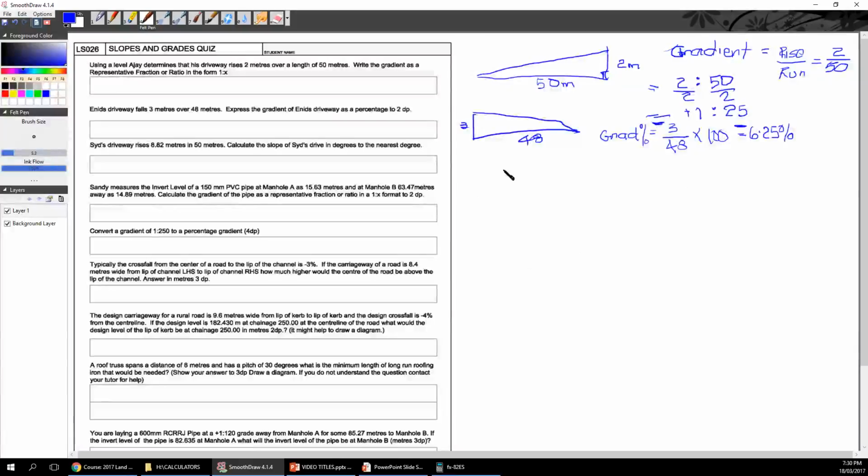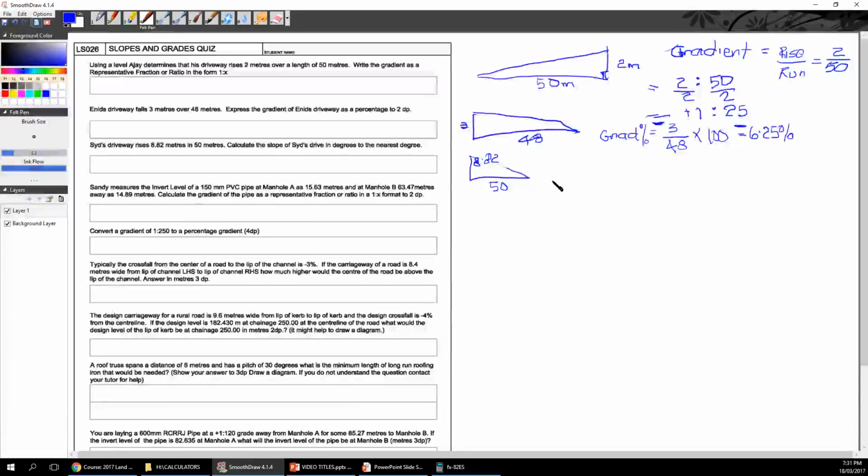Sid's driveway rises 8.82 over 50 meters. Draw a diagram. I'll just draw that in there like that.